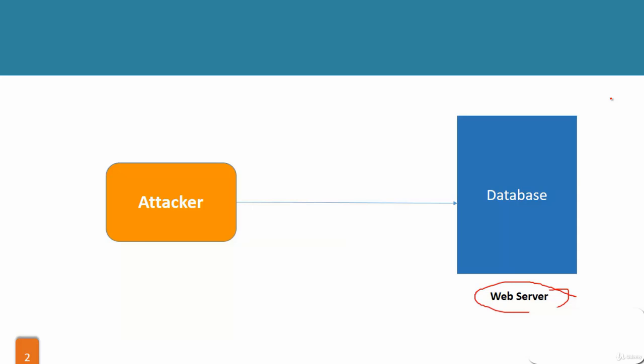I want to send some malicious content to the database, and if the database is not aware that this is malicious content, it will send me the information that I want as an attacker, right? What I want as an attacker is all the content of the database, everything stored in the database: mobile numbers, fax numbers, email IDs, addresses, customer names, customer email IDs, everything I need from the database. So that we are going to do in this section.